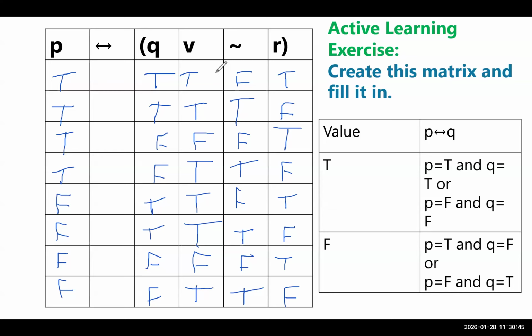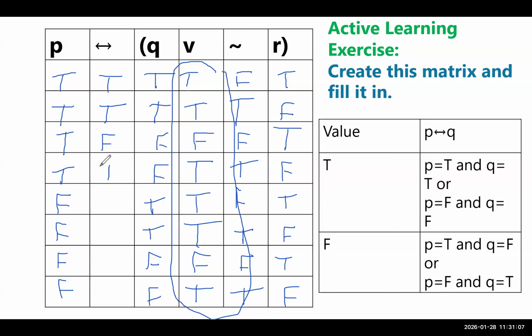So now we're using this column right here to compare with the P column here to get our final column here with our if and only if. So true if and only if true is true. True if and only if true is true. True if and only if false is false.